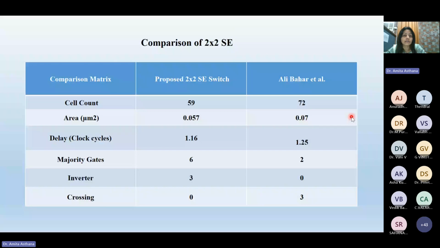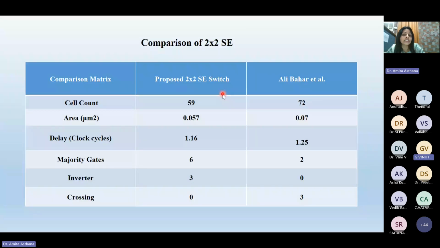Now here I have compared this circuit with an IEEE transaction paper by Ali Bahar et al. So this is my proposed 2x2 switch element architecture, which I have designed with a 59 cell count, whereas the IEEE transaction paper has a cell count of 72.